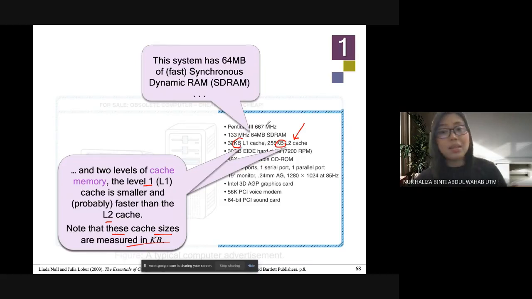So maybe you can be given a question where you need to create the advertisement on your own. Or maybe you can be given a question to fill in the blank. So you need to know what measurement type is used for all of these.